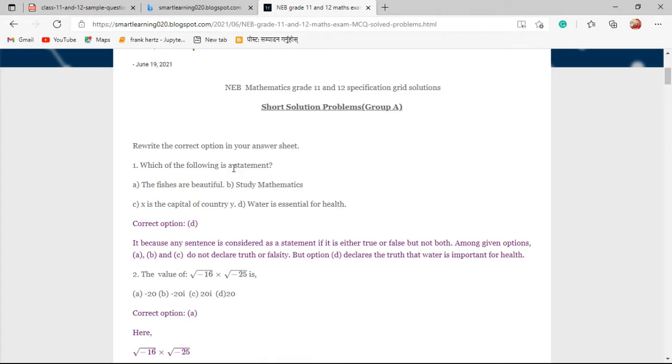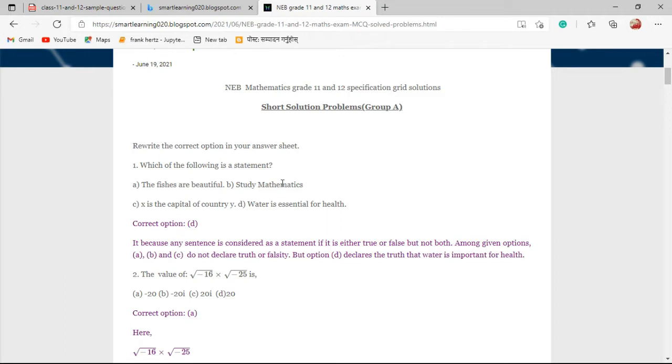Keep in mind, a statement does not indicate a condition that shows both truth and falsity, only one side, either true or false. So here, fishes are beautiful: is this a statement? No, because fishes can be handsome as well. We don't know about the beauty of fishes. So this cannot be a statement.